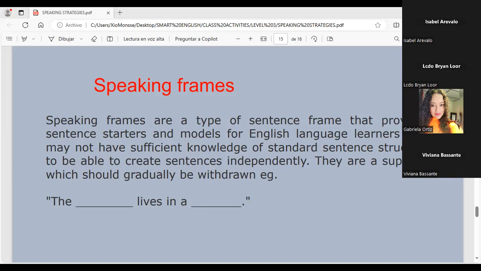Beginners, advanced, intermediate. You have intermediate, right, Brian? How can you change this exercise? Because the sentence is for beginners, right? But the activity, you can make variations with it.